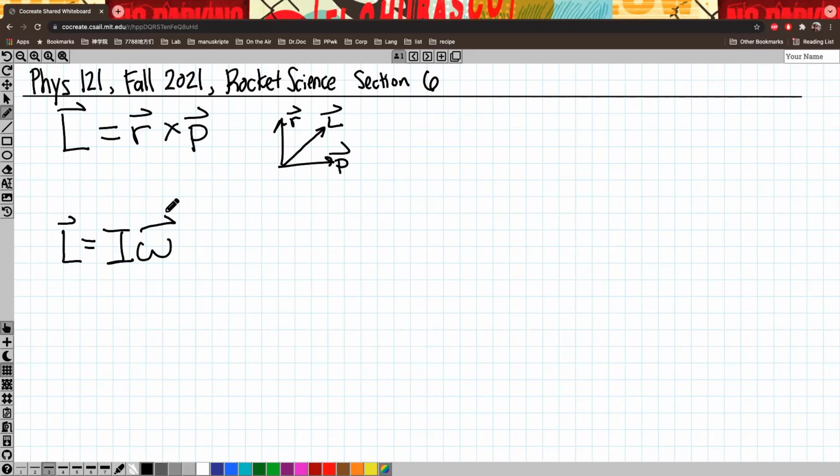I think angular velocity would change with the angle. Okay, and if it changes with the angle, what about the new angular momentum vector? It would change with it.